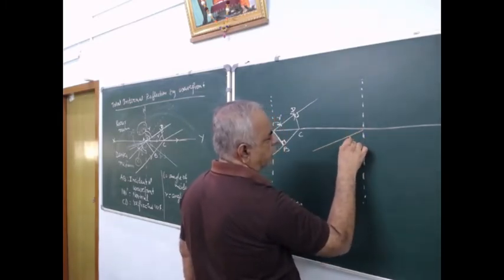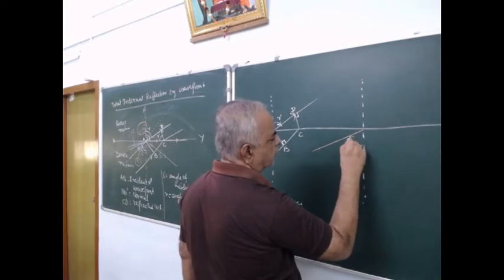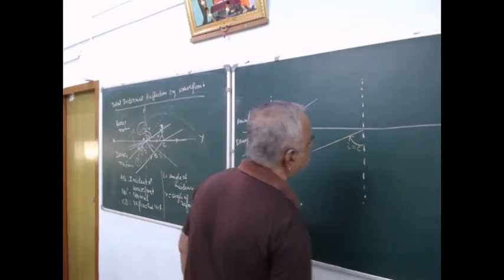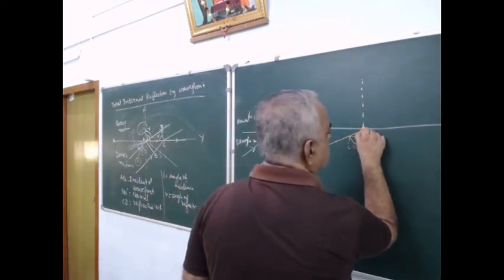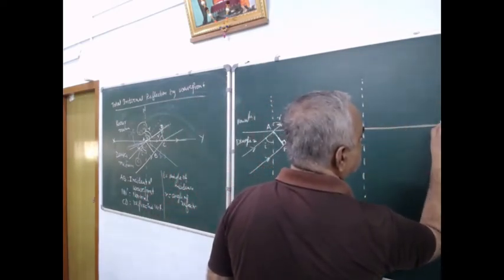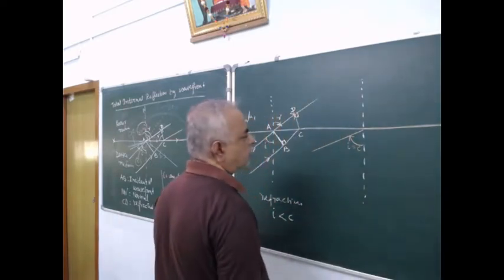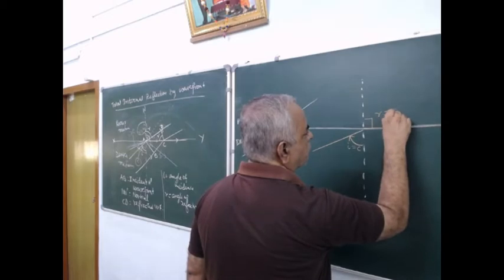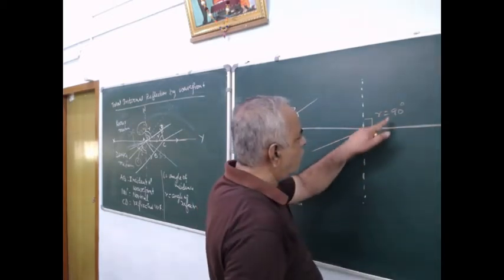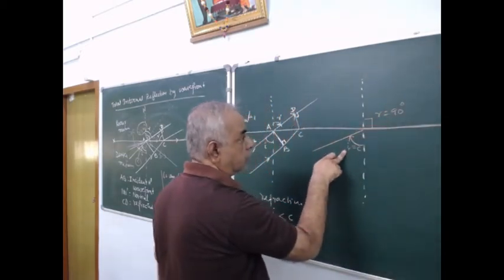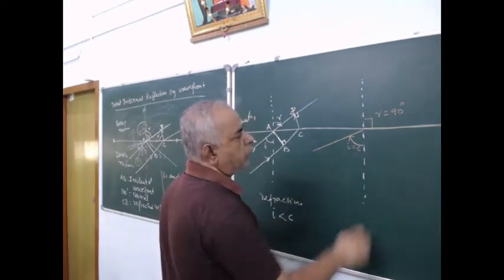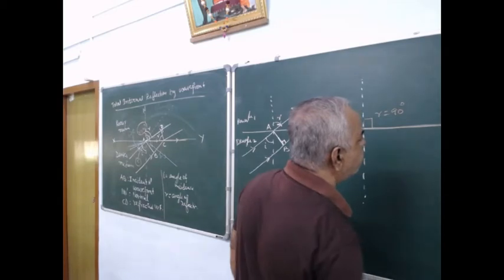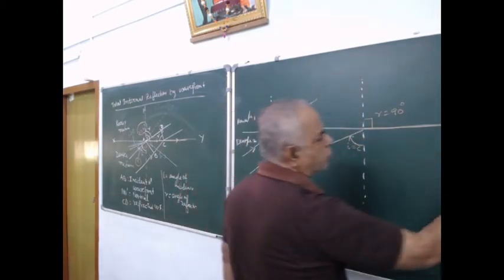So this is I. It has increased further. So that is equal to the critical angle. So it grazes the surface. Okay, the refracted ray grazes the surface. In that case, R is equal to 90 degree. When R is equal to 90 degree, the incident angle is called the critical angle because it just touches the surface of separation between the two media.